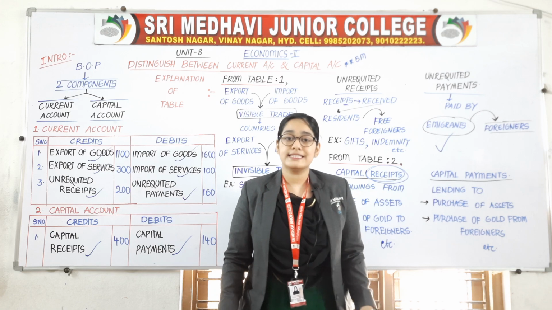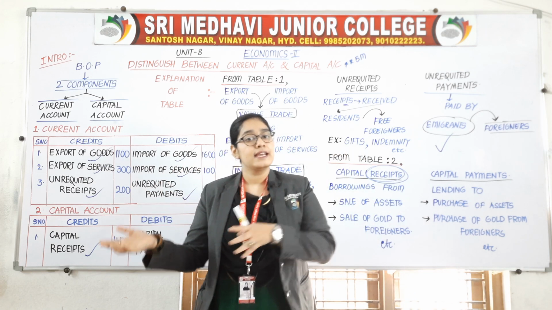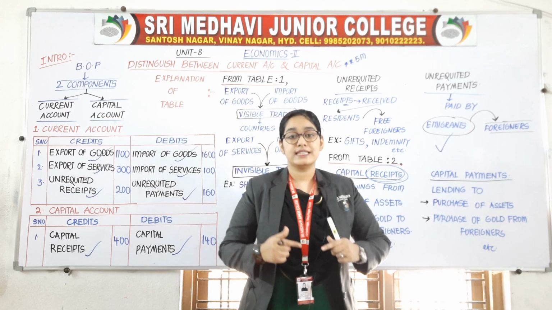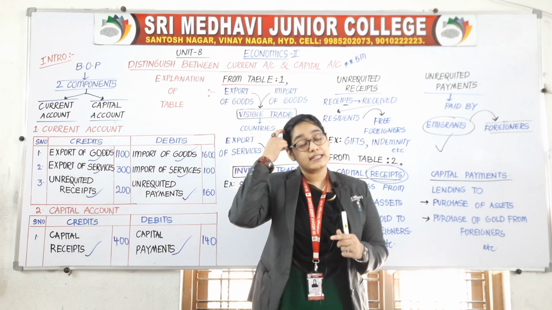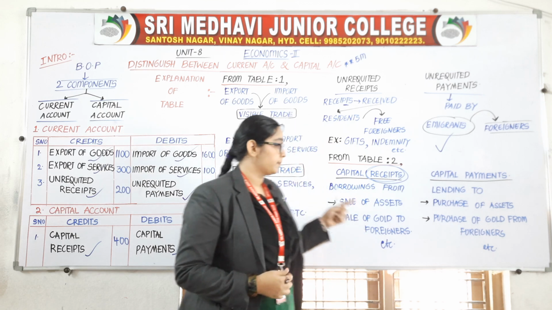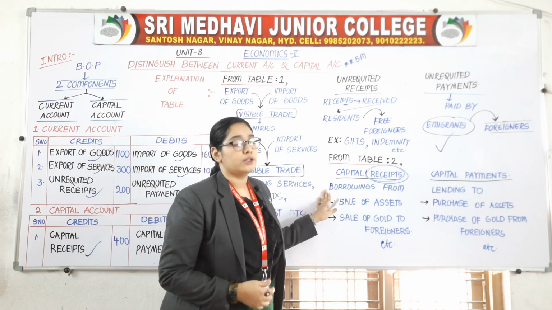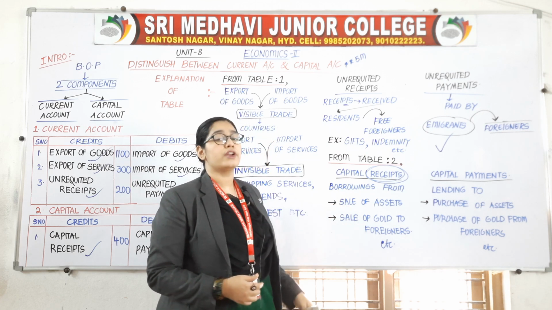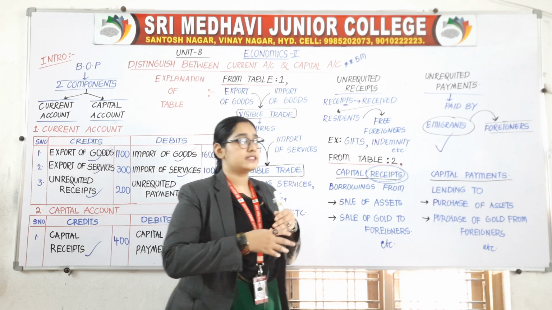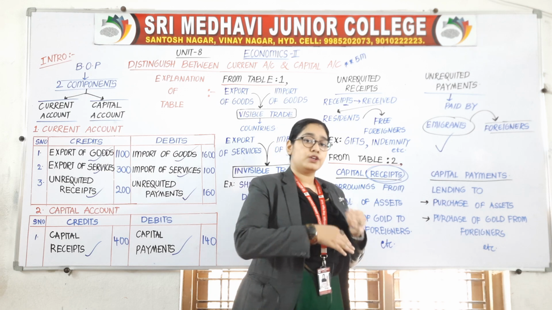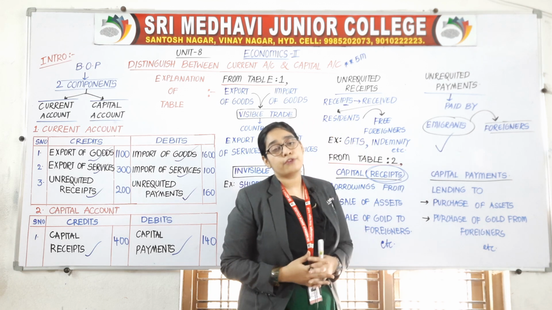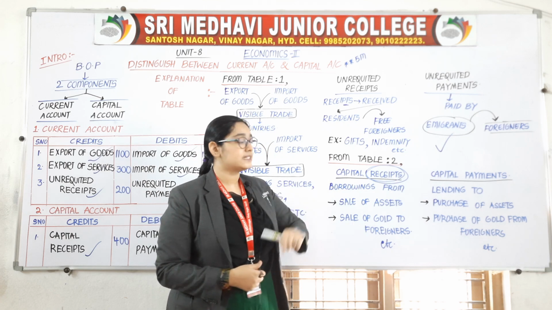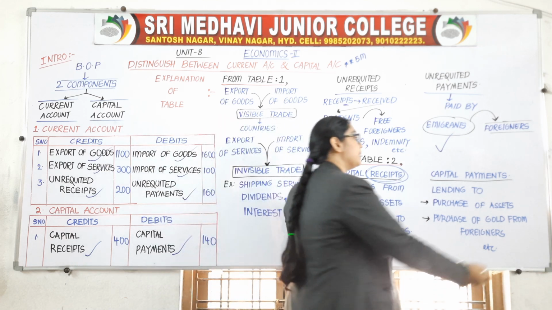Whatever I sell, it may be any asset, it may be gold, it may be anything. That is receipt. Not just receipt, it is capital receipt. So what are capital receipts? The borrowings, from sale of assets, sale of gold to foreigners, etc. If I sell gold of India to some foreigner, I am getting money. That is receipt.